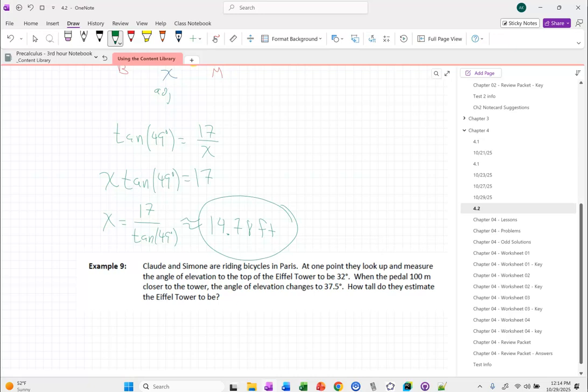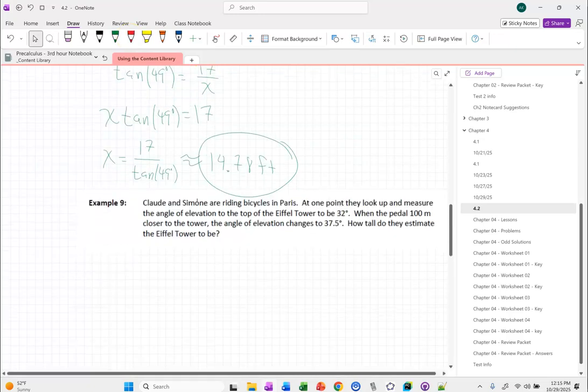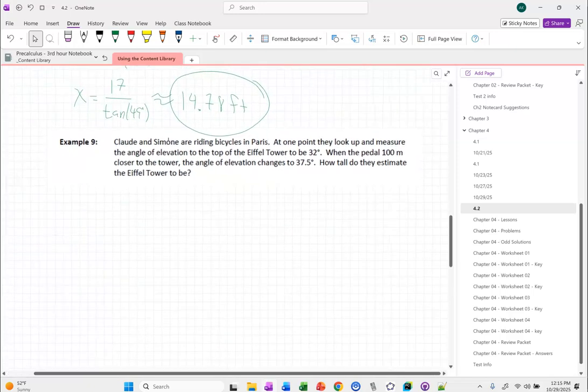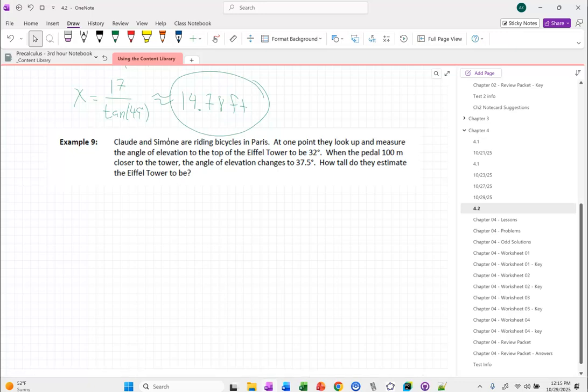I don't know if that's note card worthy for you or not, but I'm telling you right now, this setup where you're going to want to try to put that angle of depression in the wrong spot, I promise you'll see that same setup in the test. Okay? That's awfully kind of you, Mr. Kulik, to tell me that. You're welcome. All right, last example, and we'll be done for today.